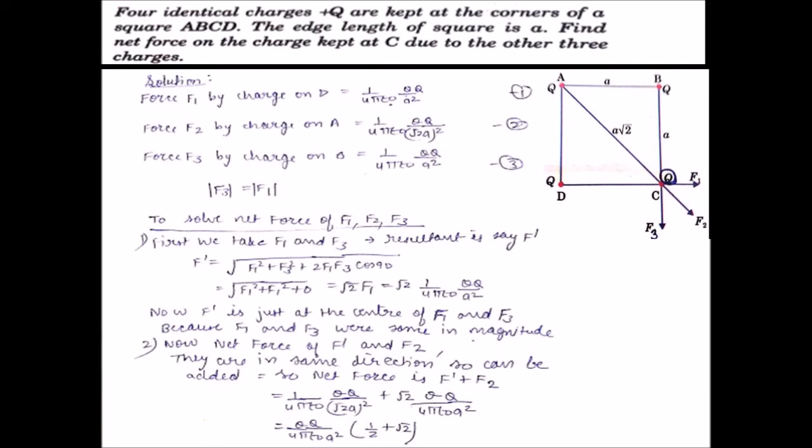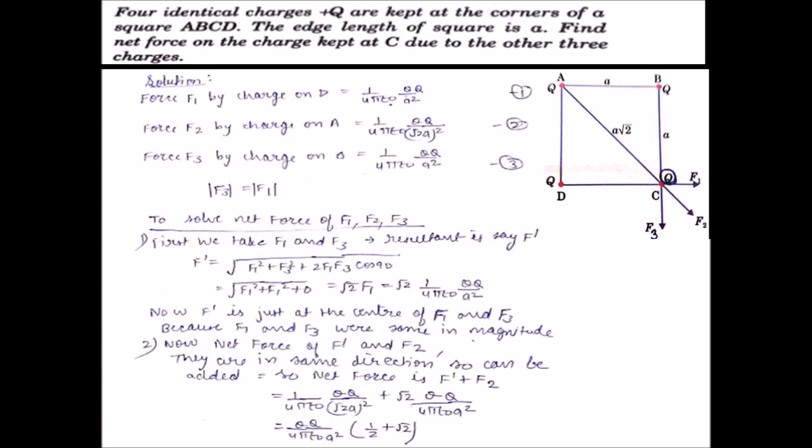Now we solve F dash with the remaining third force, F2. F dash and F2 are now in the same direction, so they can be directly added, which is the vector property. If two vectors are in the same direction, their resultant is simple addition.